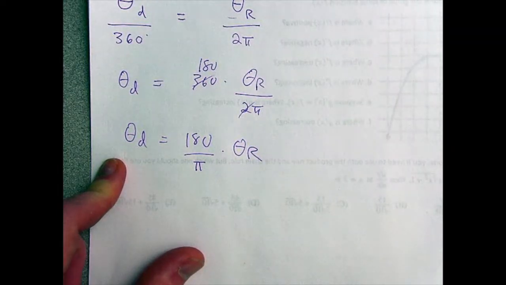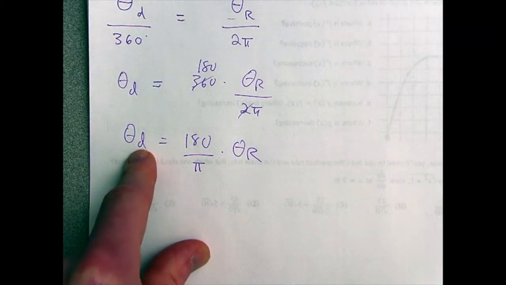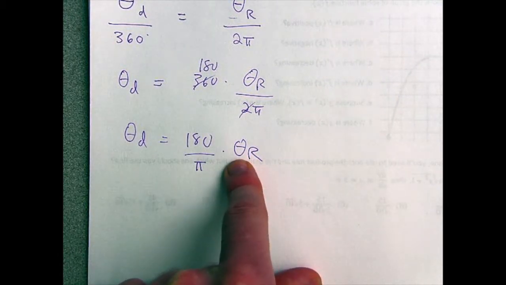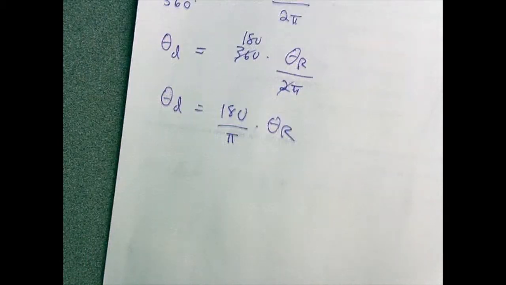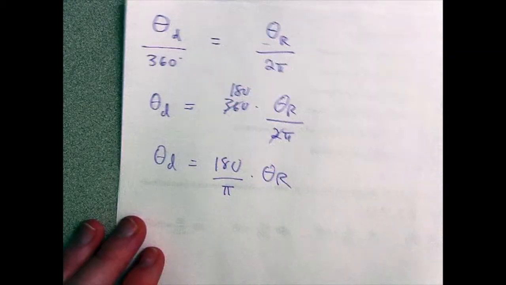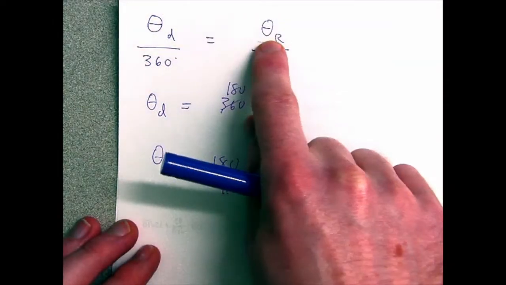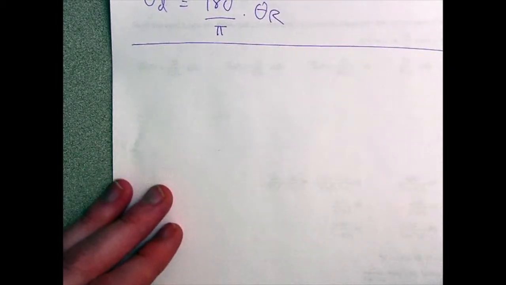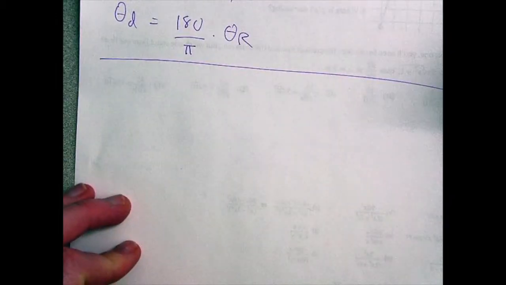So that's telling you that your angle as measured in degrees is equal to your angle as measured in radians times 180 over pi, which is exactly what I told you the conversion formula was. So that's how you know these are true. And if you solve this for theta r, you'll see that the reverse formula also works. Okay, so that's converting back and forth.